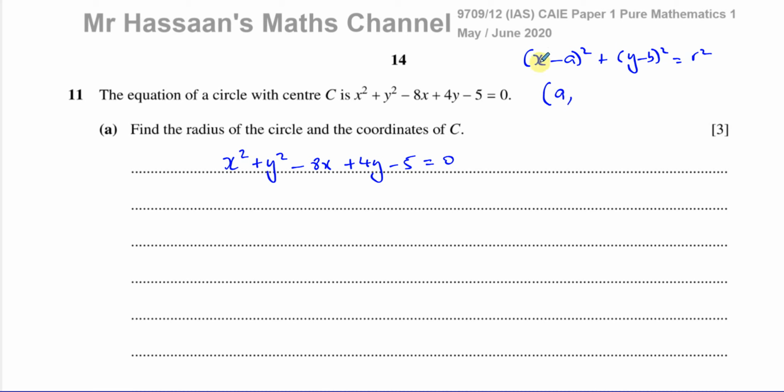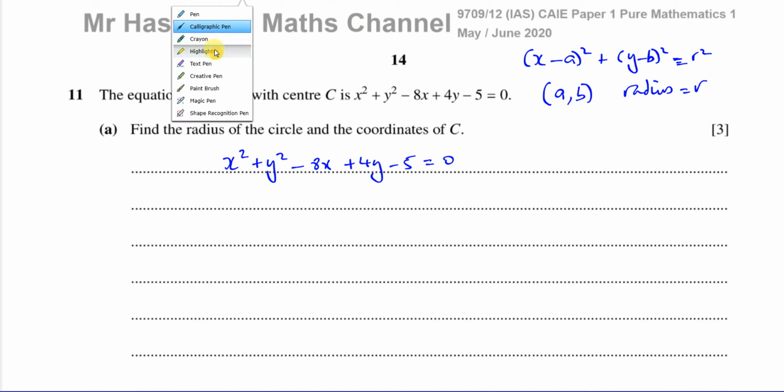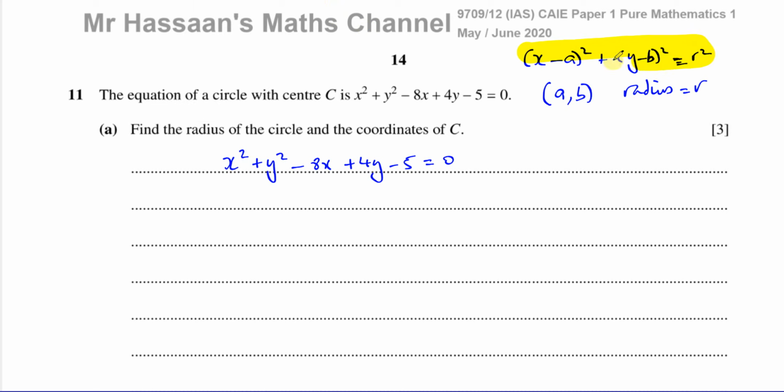So here a has to go in, a minus a is 0, and whatever goes inside the y bracket to make it 0 is the y coordinate of the center, so that's going to be b. That's the coordinates of the center of the circle, and the radius is going to be the square root of the number after the equal sign. The radius will be r. So that is the form of the equation of the circle that we need to be able to read from it directly the center and the radius.